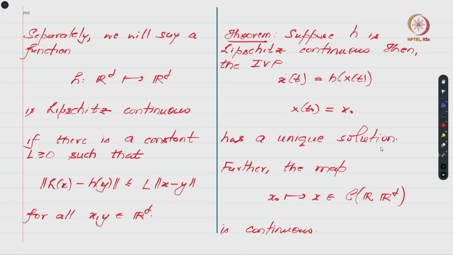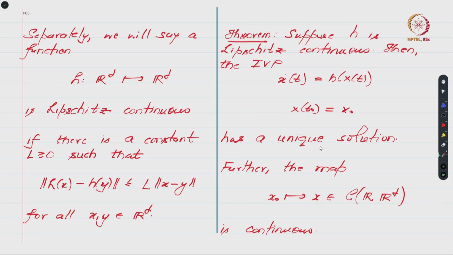So notice what this theorem is saying. On the one hand it says that there is a solution, and on the other hand it is insisting that this solution is unique. Recall what a solution means. A solution means a function which specifies at a given time instance where this particle is supposed to be located.